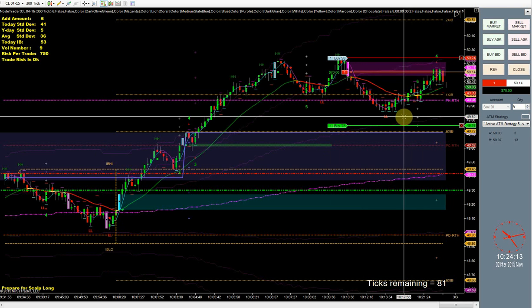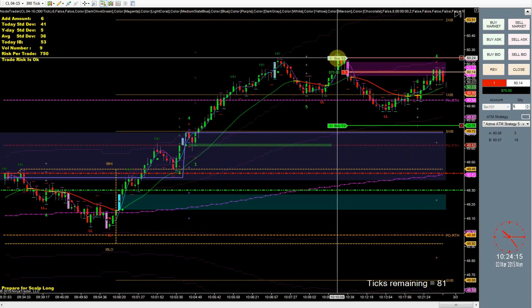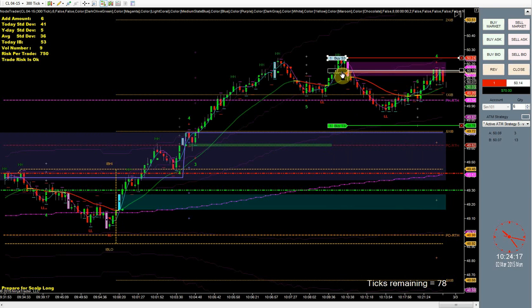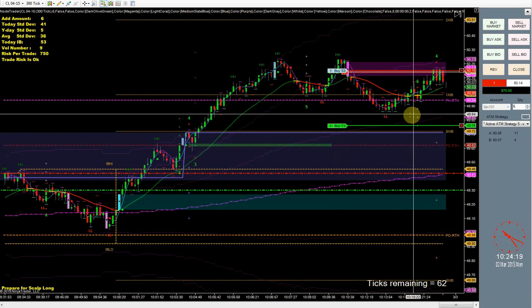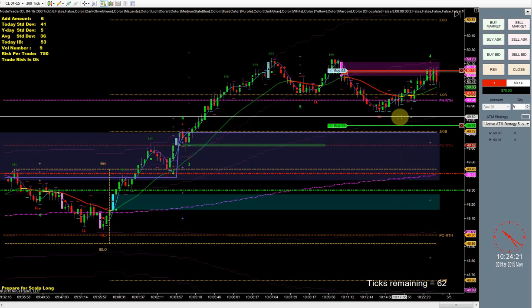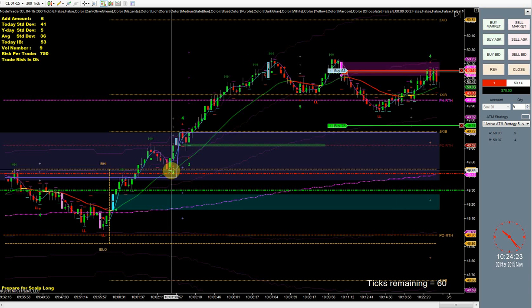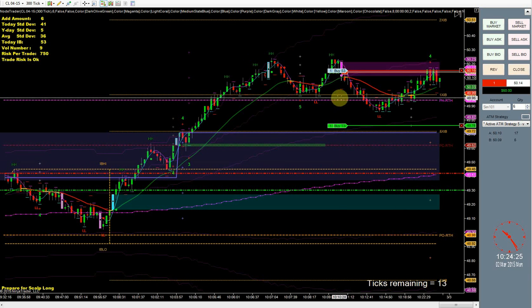Now let's go ahead and drop this down. I tell you folks, every manual low volume node trade so far today would have been a winner.